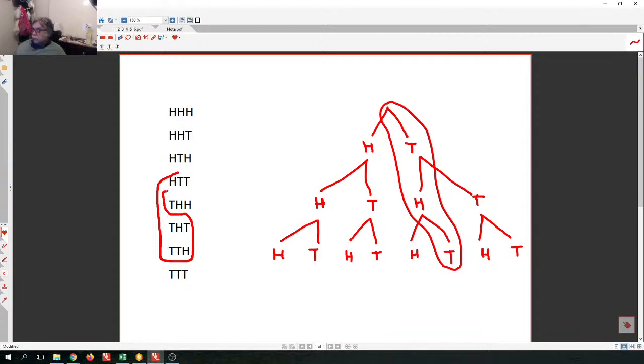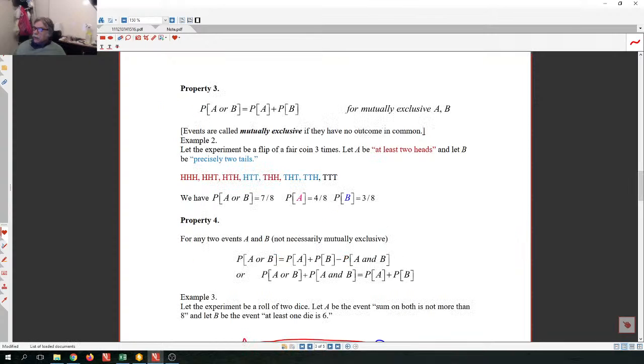That will be precisely 2 tails. And at least 2 heads, that will be 4 of them. Excuse me, at least 2 heads, right? That's the event A. Not 1 head, because then I would not have them exclusive.